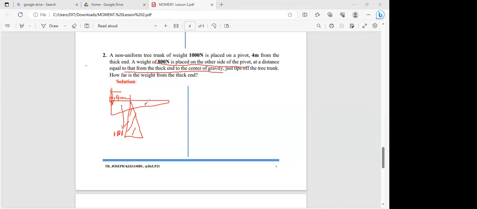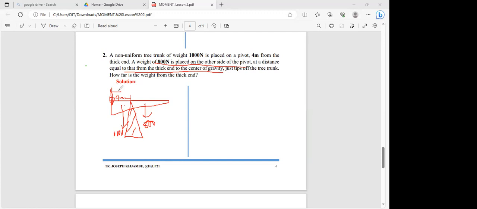So this is going to be our 800 newtons. So they are telling us that the weight is placed on the other side at a distance equal to that from the thick end to the center of gravity.